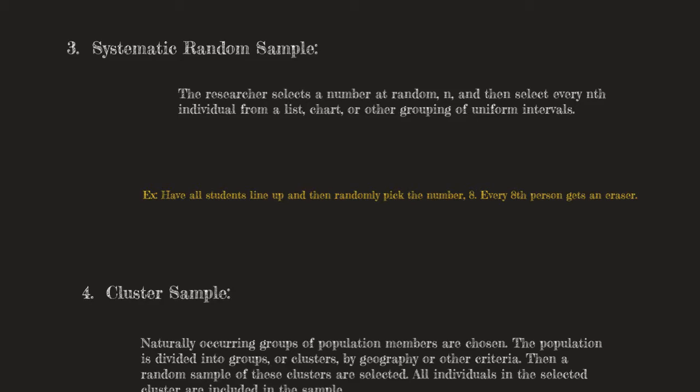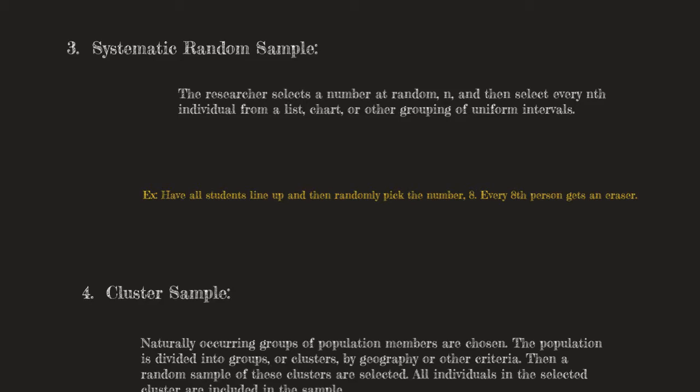So it's a little bit like simple random sampling, except that instead of 100 names in a hat and just having to pick 10, let's say you have a list of names and you choose a number at random, let's say 8 or 15. Let's say 15. Then every 15th name on that list would be part of your sample, because technically there is a probability of being 1 out of every 15. So the probability of those smaller chunks is exactly the same.